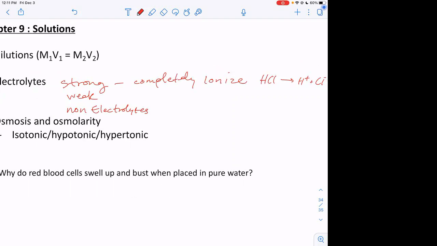A weak electrolyte partially ionizes or partially dissociates. A weak acid would be an example of that. So acetic acid is the first one I think of, CH3COOH. You get a double arrow, it can partially ionize into H plus and acetate.